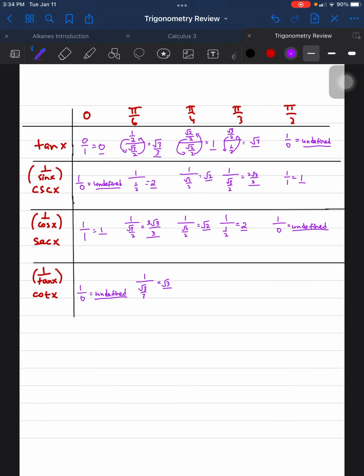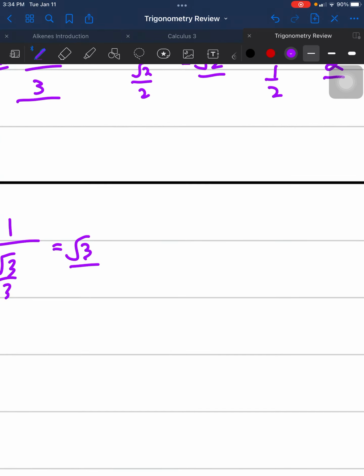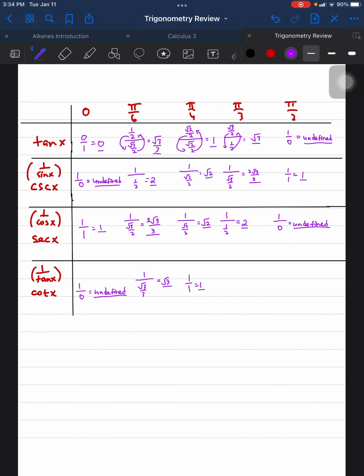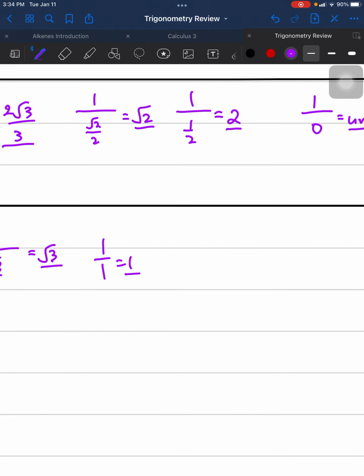Now, at pi over 4, tangent of x is actually equal to 1. It's equal to 1, so 1 over 1 is 1. So at pi over 4, cotangent of x is equal to 1. Now for pi over 3, tangent of x at pi over 3 is equal to radical 3.